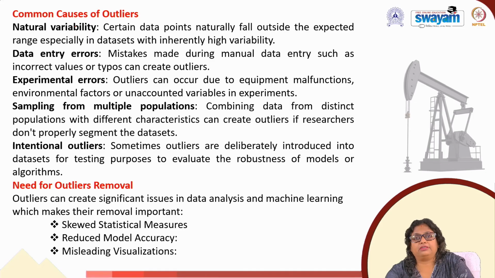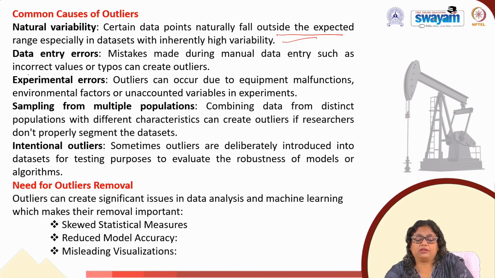Then, natural variability. Certain data points naturally fall outside the expected range, especially in data sets with inherently high variability. Next, data entry error. Sometimes mistakes made during manual data entry, such as incorrect values or typos, can create outliers.